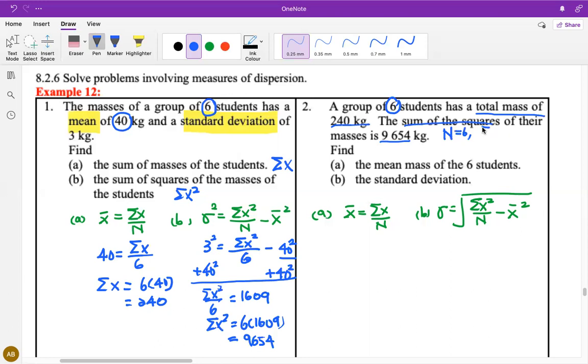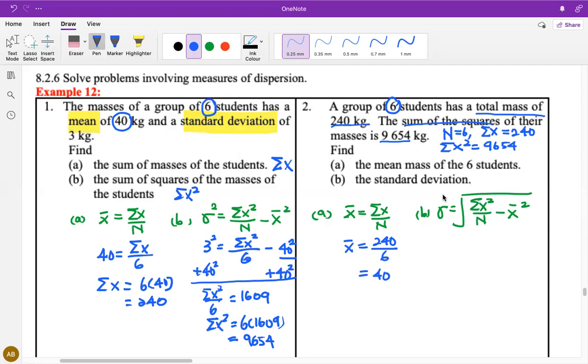Total sum of x equals 240. Then the sum of squares is 9654. So for part a, what's the mean? It is 240 divided by 6. So you get 40.